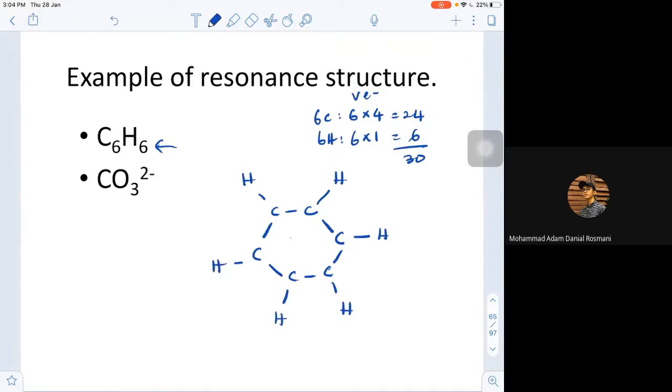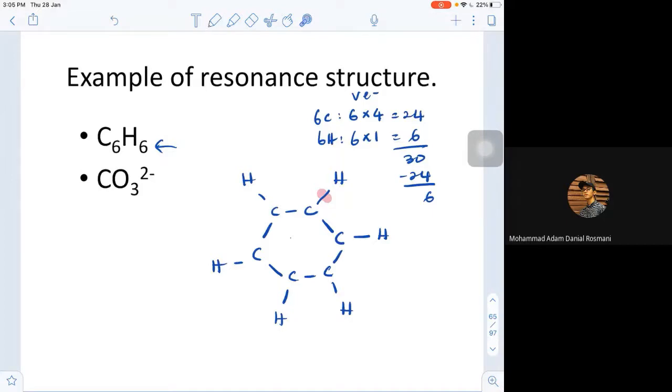All single bonds first, and then calculate the number of bonds we have made. Start from here: 1, 2, 3, 4, 5, 6, 7, 8, 9, 10, 11, 12. So 12 bonds made means that we have used 24 electrons in bonding, so we have another 6 electrons left.